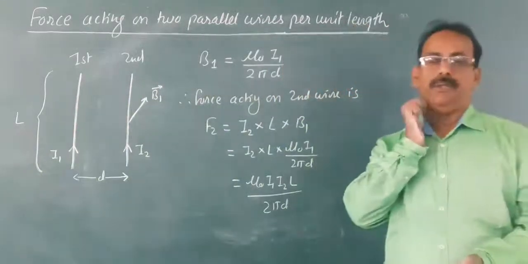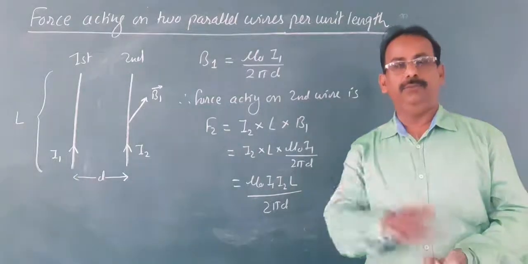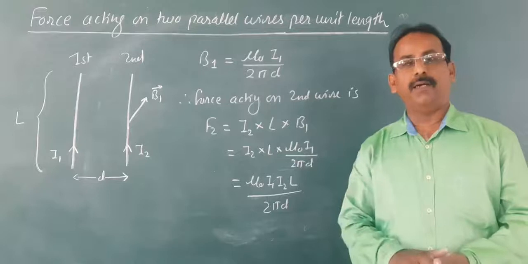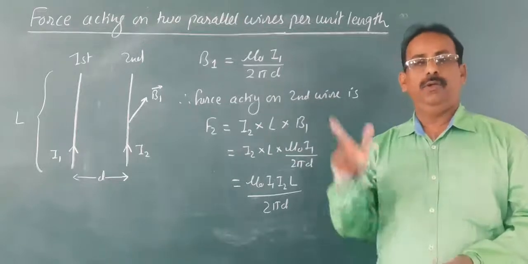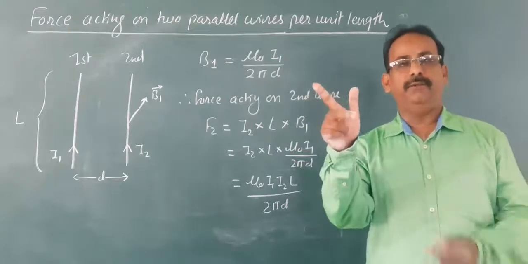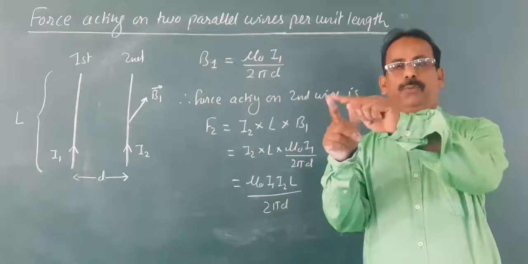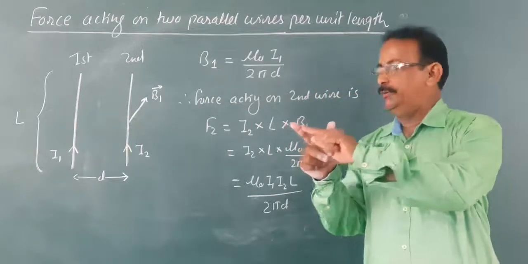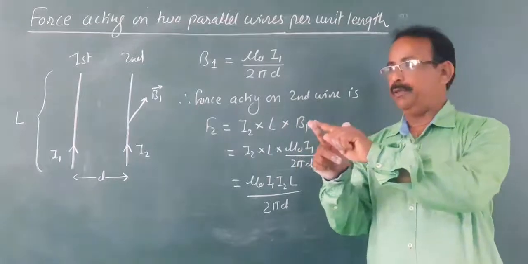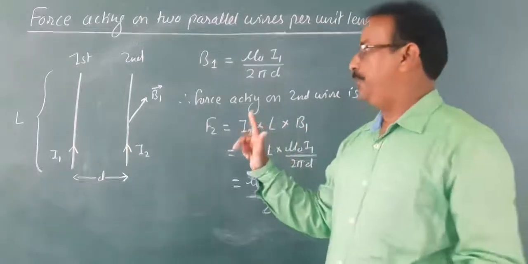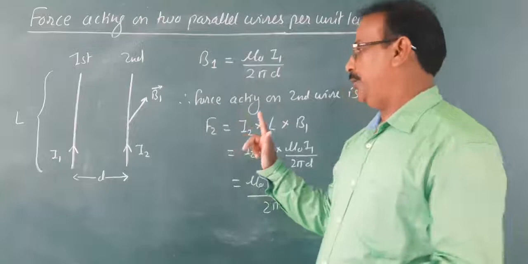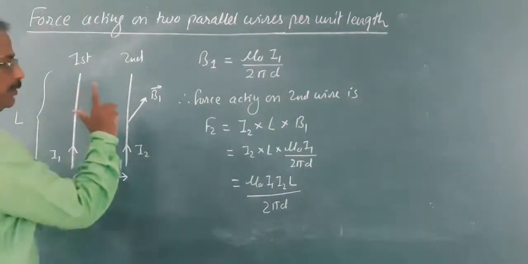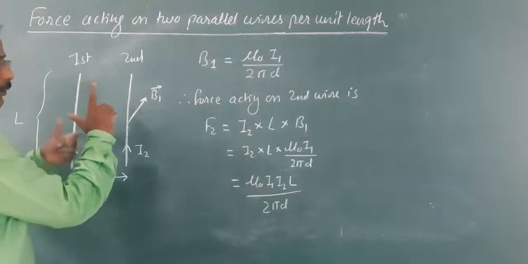See the direction of F2 by right hand rule. What is the direction of F2 by right hand rule? Take 3 fingers of the right hand: thumb, forefinger, middle finger. I take the forefinger in the direction of current and the middle finger in the direction of magnetic field.